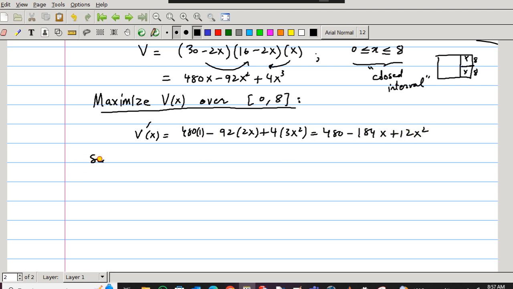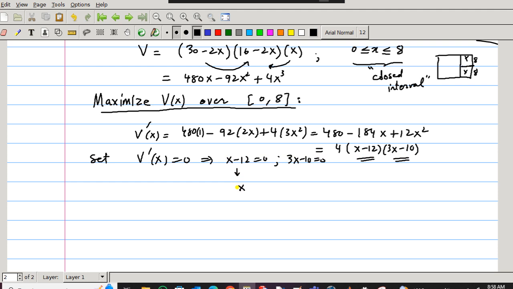If you set V prime of x equal to 0, you will get these factors of this expression. So if I put it equal to 0, either x minus 12 will be 0, or 3x minus 10 will be 0.